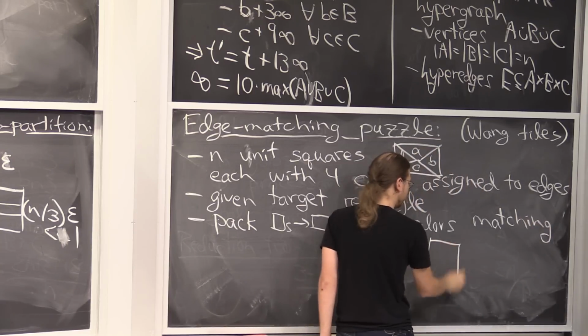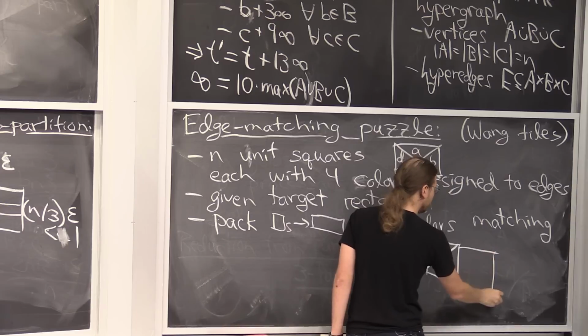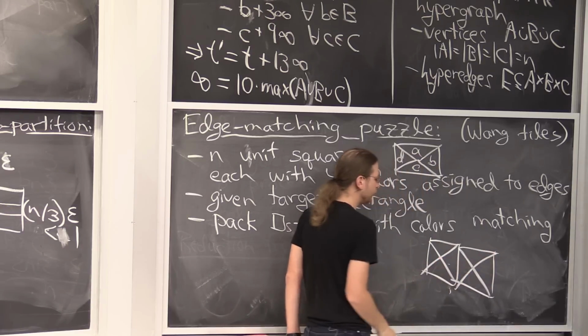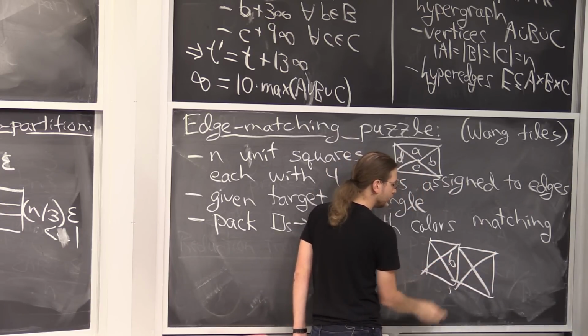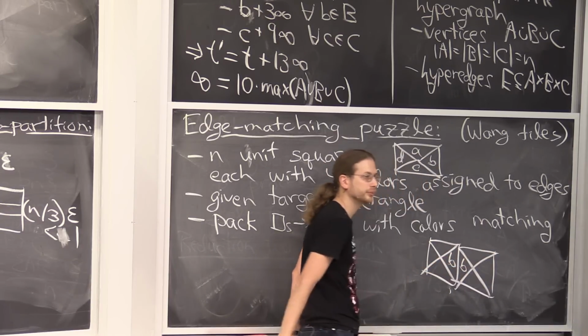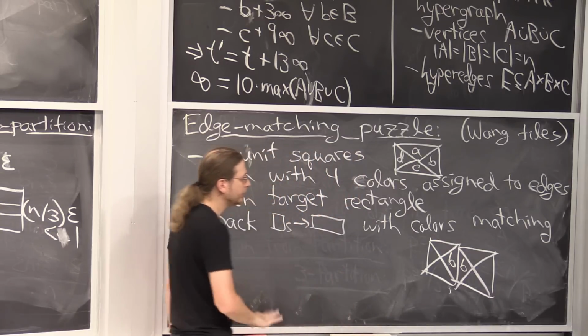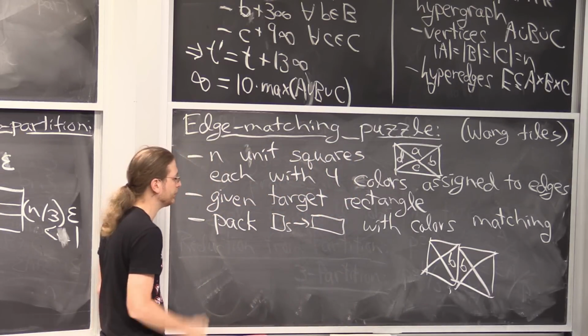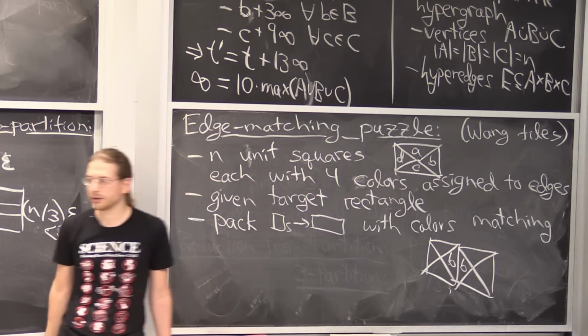So whenever I have 2 squares that share an edge, the color that's written here better be the same color that's written there. That's the rules. If you're on the boundary, no restriction. But if you're an interior edge, you restrict in that way.